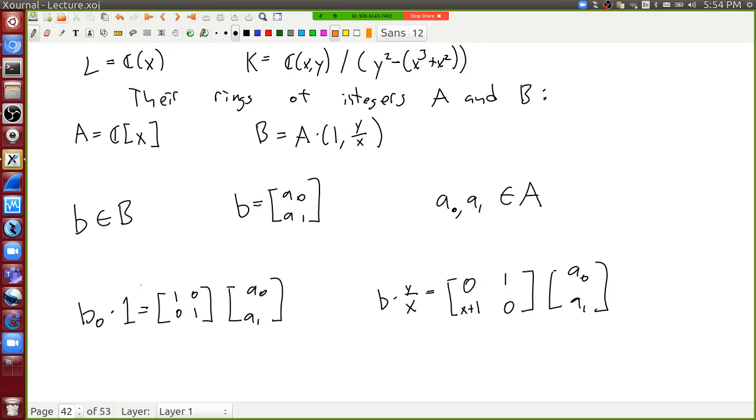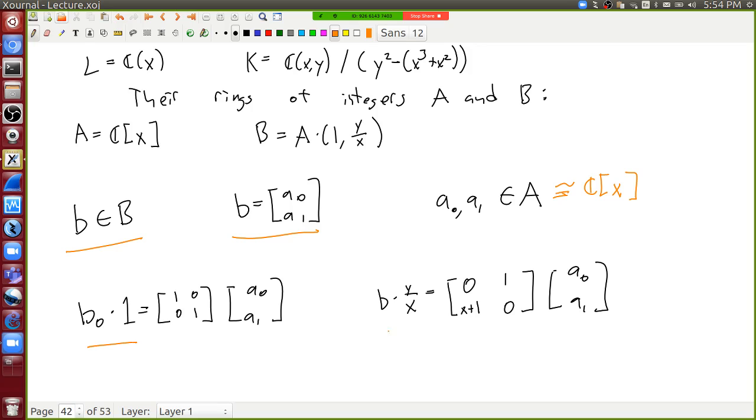I take my b, something in this integral closure, and I'm going to write it as a vector of polynomials in A, which is just polynomials in x. So I have b as a vector, multiplied by this basis. And then I want to know, how do I multiply my basis elements?